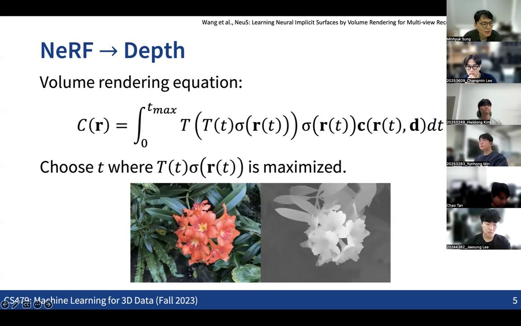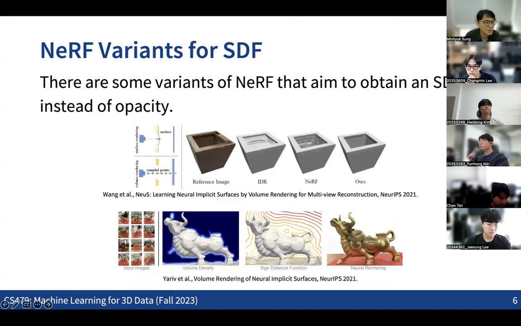We are not going to get into the details, but there is a lot of recent research focusing on doing something like neural rendering, but not to get clean images from the multiple views, but to get a signed distance function, still using the same scheme of the volume rendering equation and doing multi-view based 3D reconstruction.